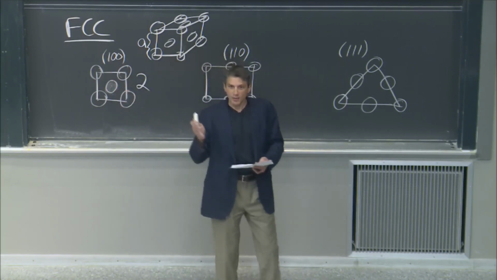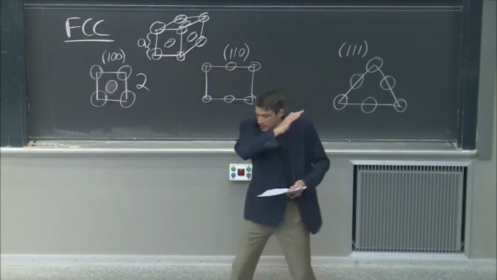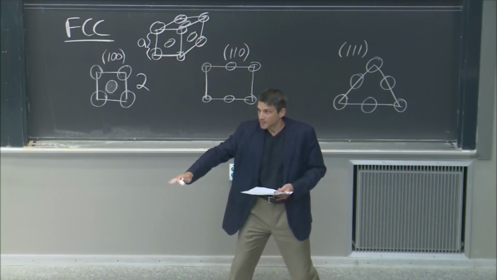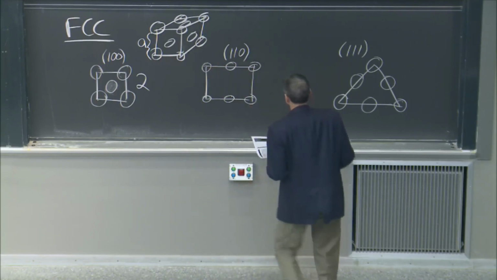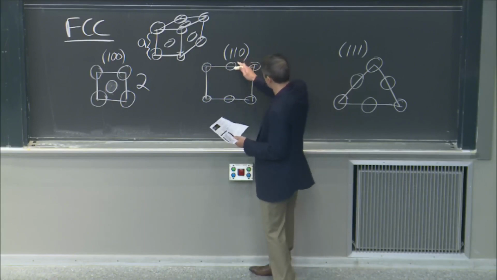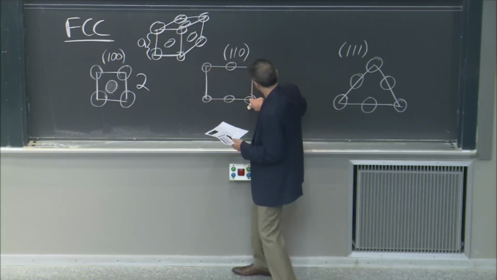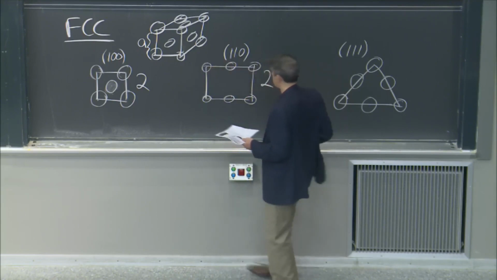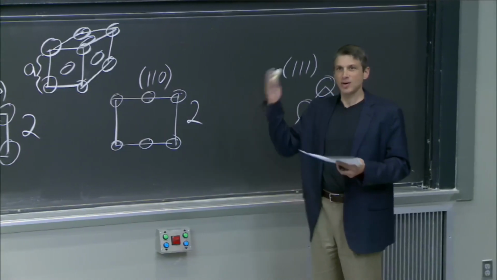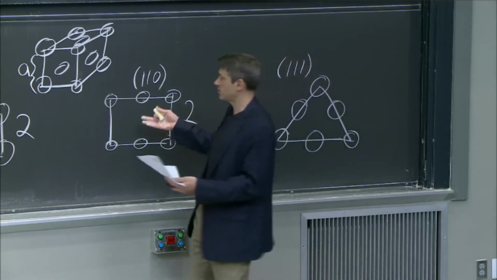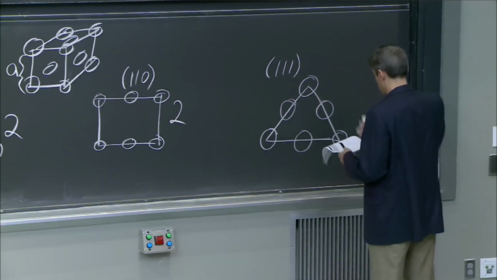It only counts in the plane if the plane goes right through the atom, right? So here in the 110, I've got a quarter, that's 1, plus a half, 2. I've got effectively 2 atoms in that plane. What about here?